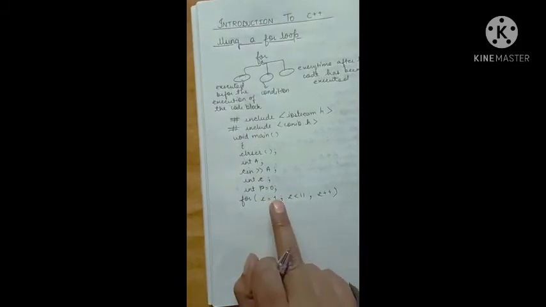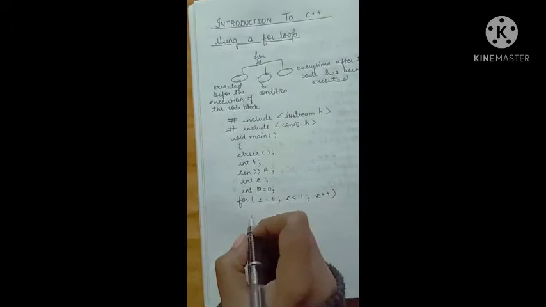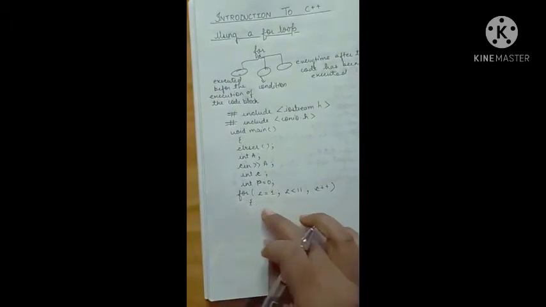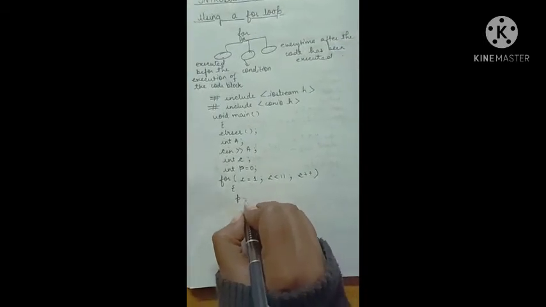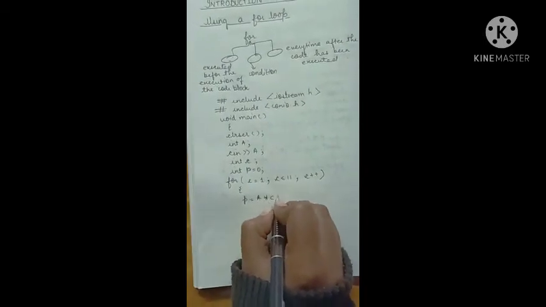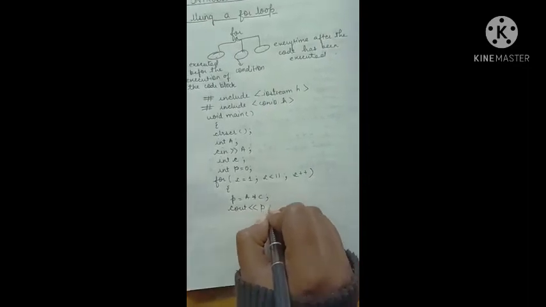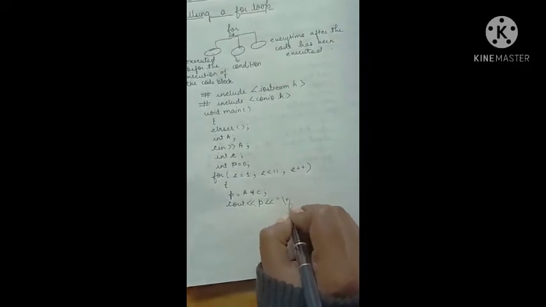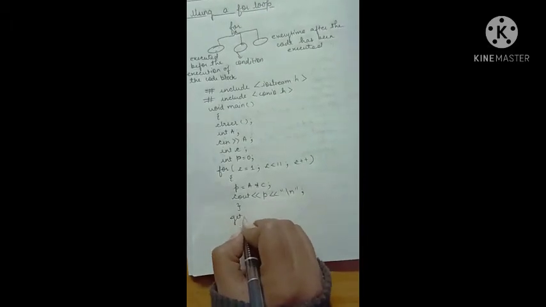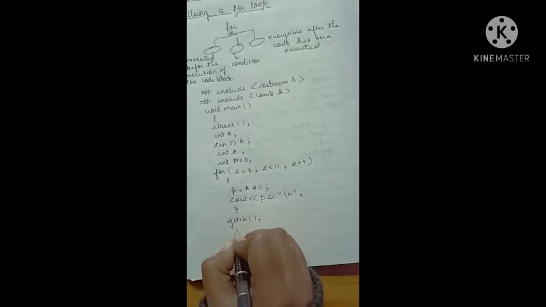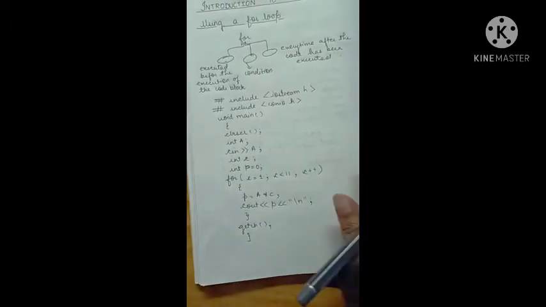This first part will be executed before the execution of the code block. Now I open the braces and give the code: p is equal to a multiplied by c, cout p, slash n, then we close the braces, and here we give getch, and then we close the program. So this is the program using a for loop.